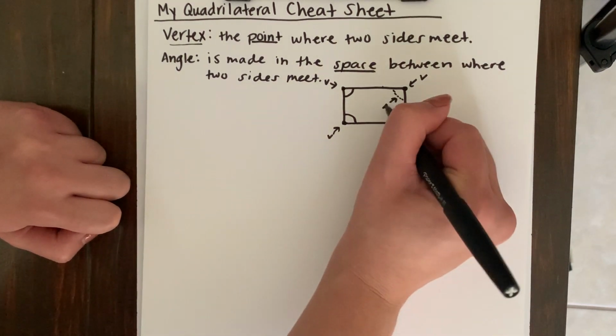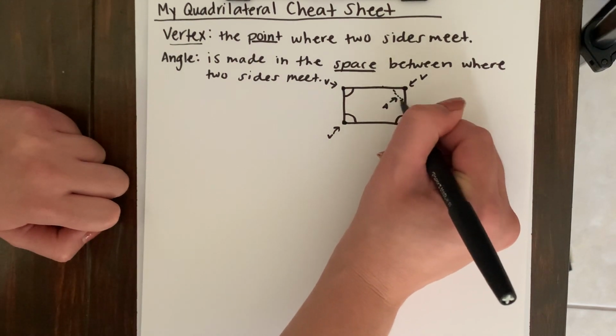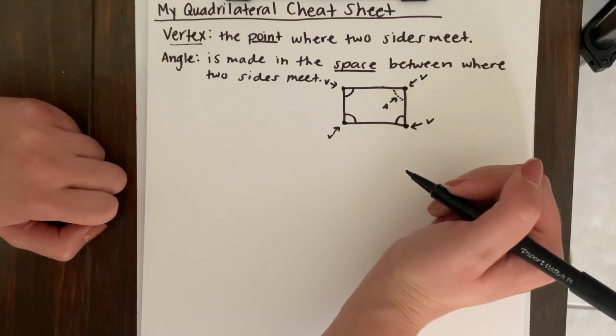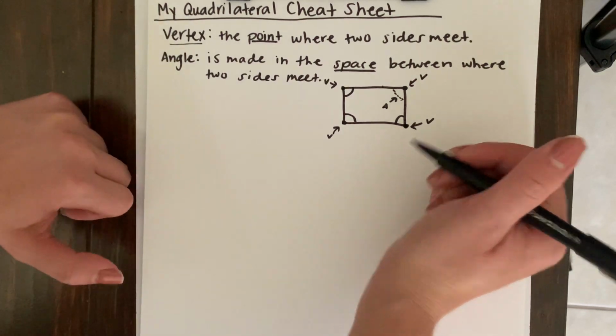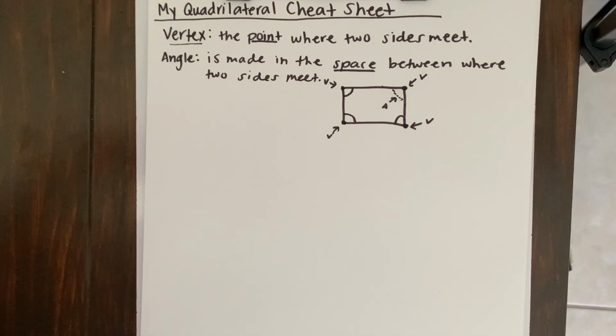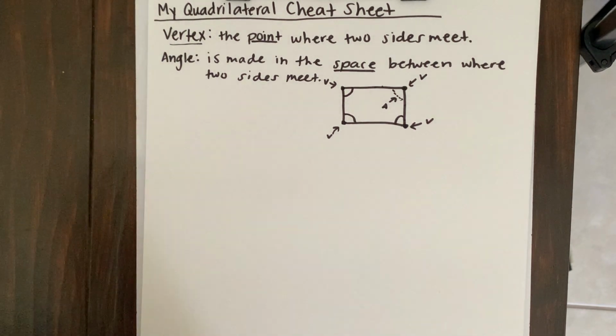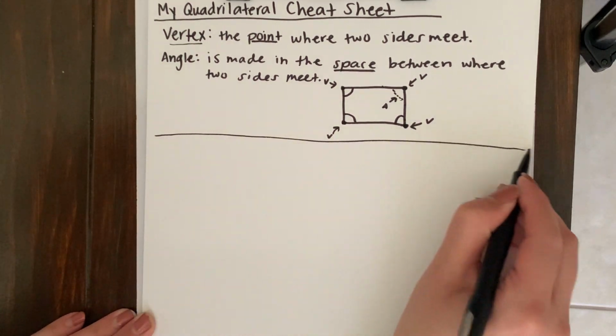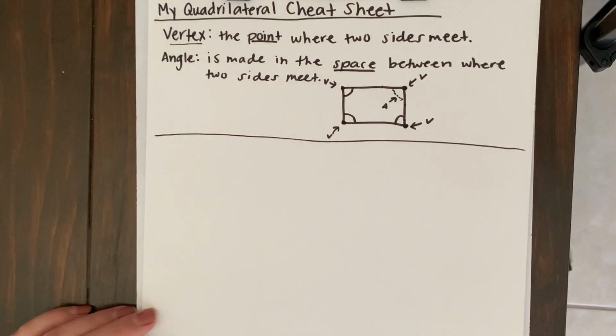So those are angles, the space in between, and then the vertices is the little point right on the very tip of them. Okay, and that's going to be something that you really need to remember for 4th grade as well. So keep that in the back of your brain. Okay, so that is that. So keep in mind the difference between vertices and angles.